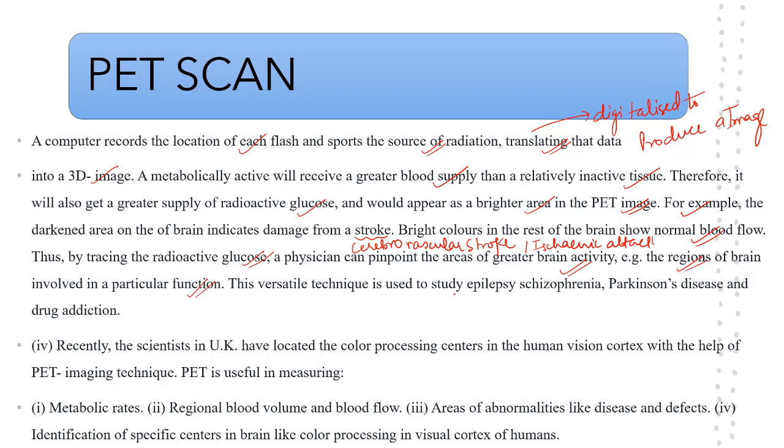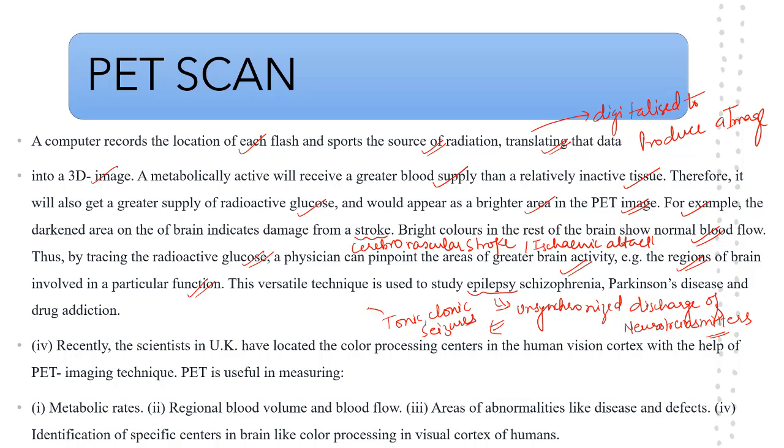The versatile technique is used to study epilepsy. Epilepsy is an unsynchronized discharge of neurotransmitters, which will be shown by tonic or clonic seizures.